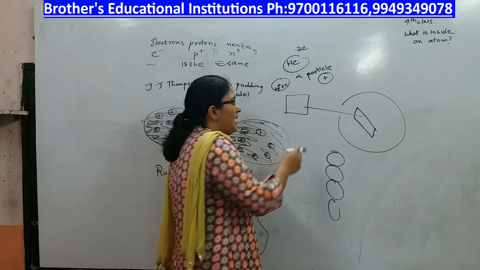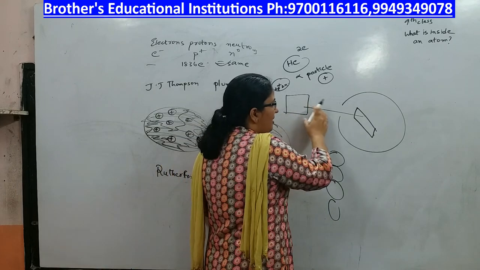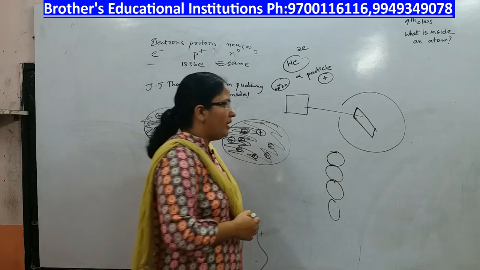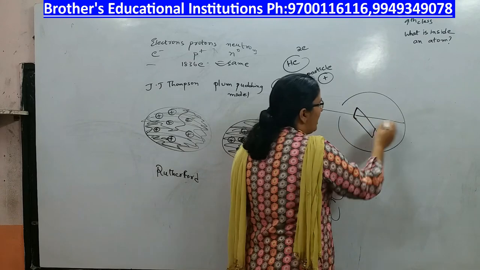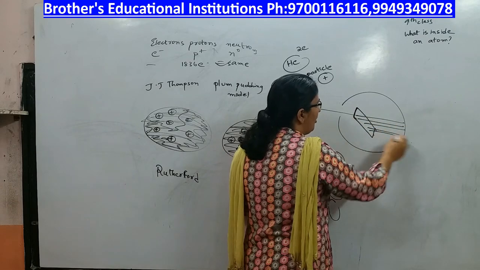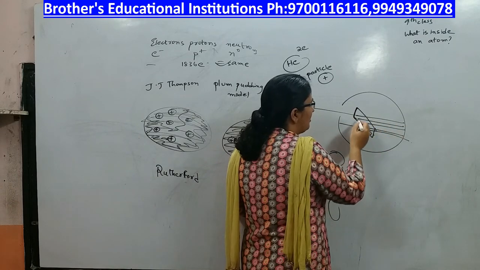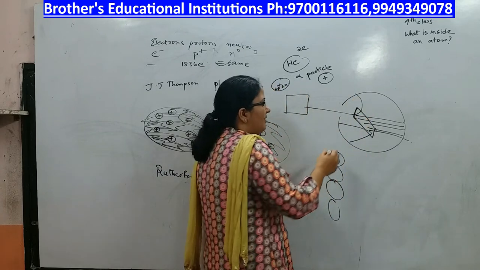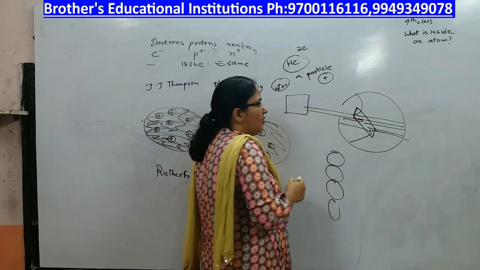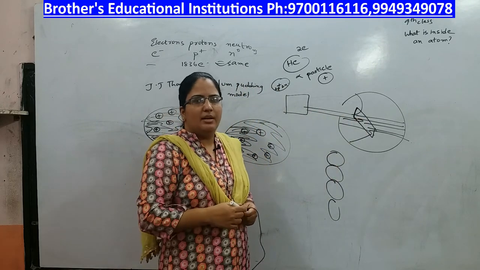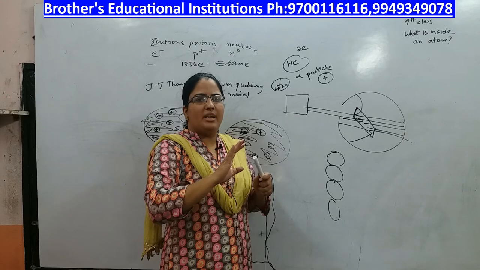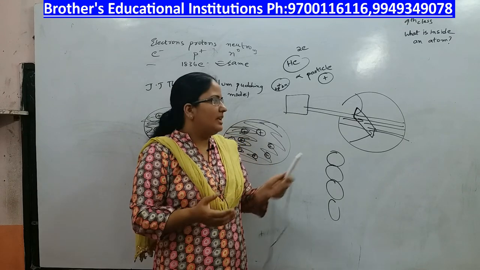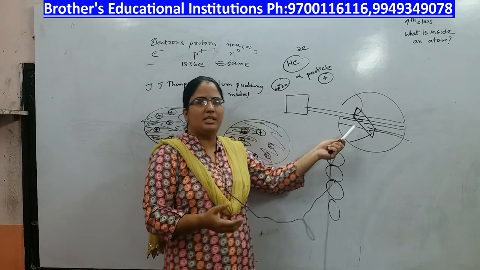Now, he passed alpha particles through the gold foil. He observed that most of the particles were passing through the gold foil. Some were deflecting at smaller angles, some were deflecting at larger angles, and very few were coming right back. This is what he discovered. Now, if the entire sphere of the atom were positive, then all the alpha particles must come back.